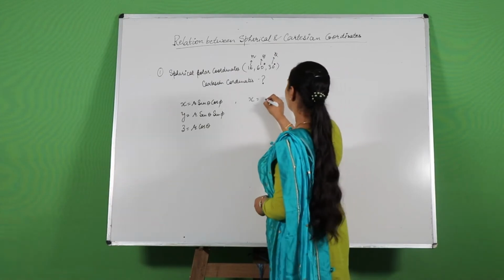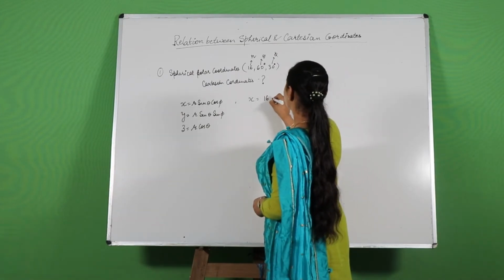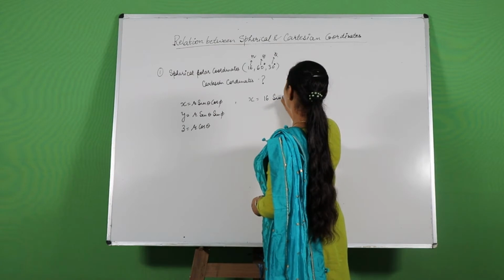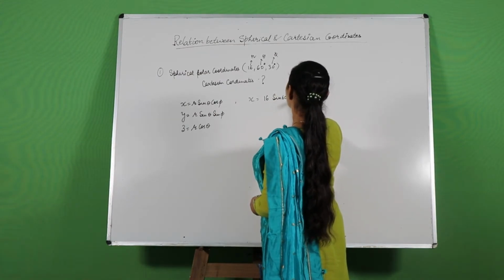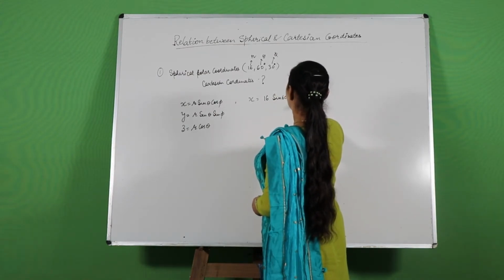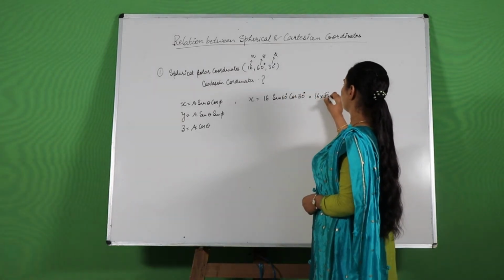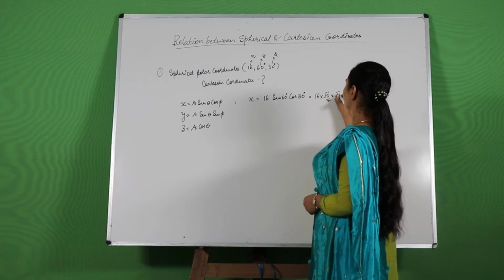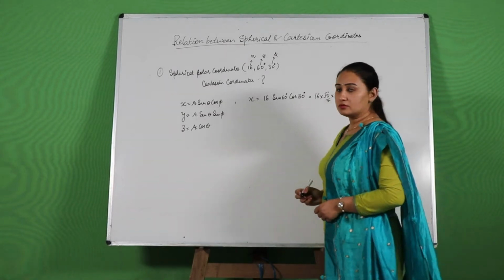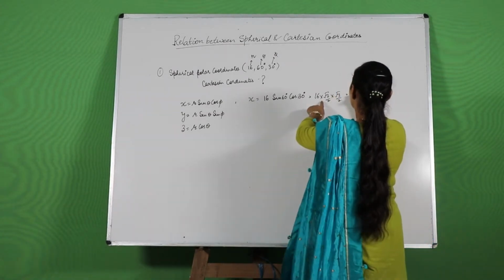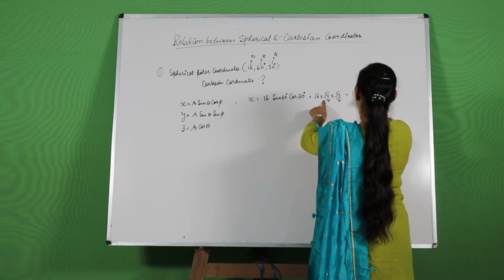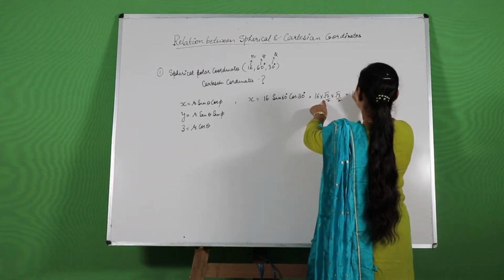So I have 16 sin 60 cos 30. So it will be 16 into under root 3 by 2 into under root 3 by 2. So this will be my 16 into 3 by 4.